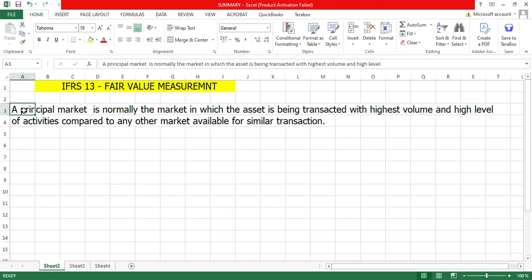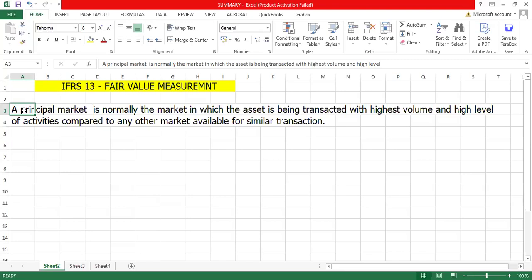Where that asset is being transacted with the highest volume, where you go and find that there are a lot of volumes for that asset being traded in that market. So that one will be the principal market.